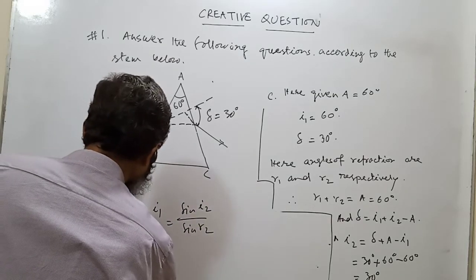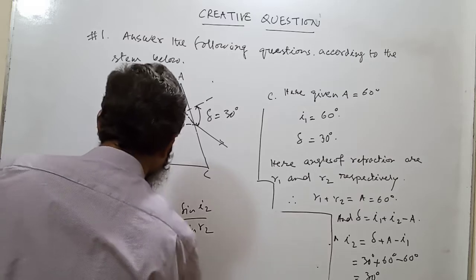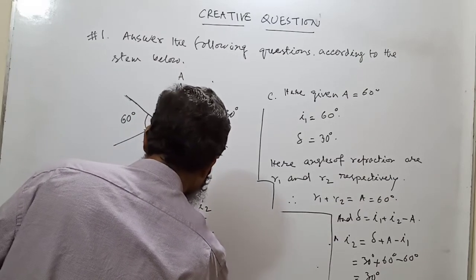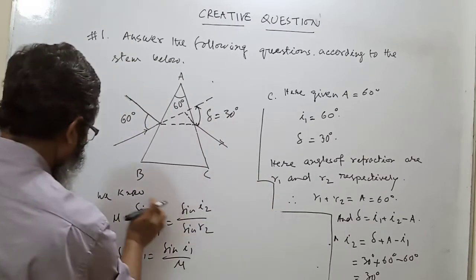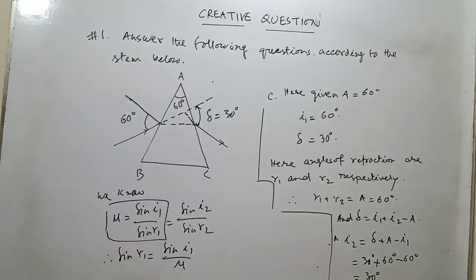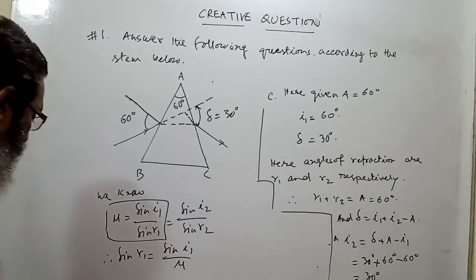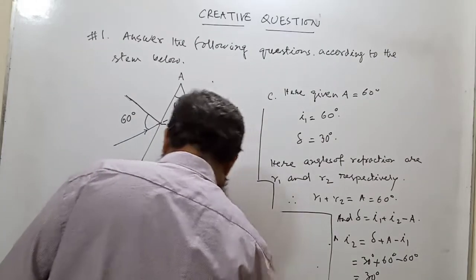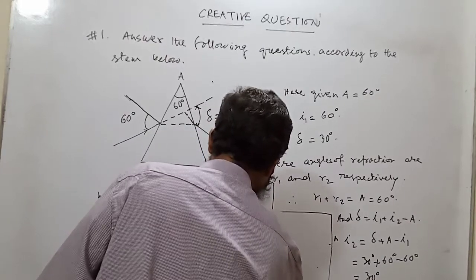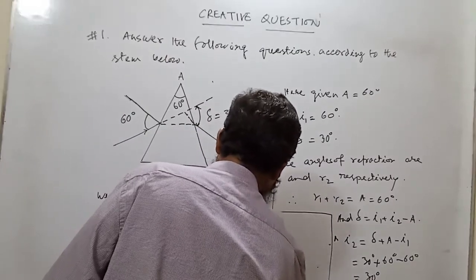Therefore, sin R1 is equal to sin I1 by mu. We consider this portion. Okay. Sin R1 is equal to sin I1 by mu, put the values, sin 60 degree by mu.